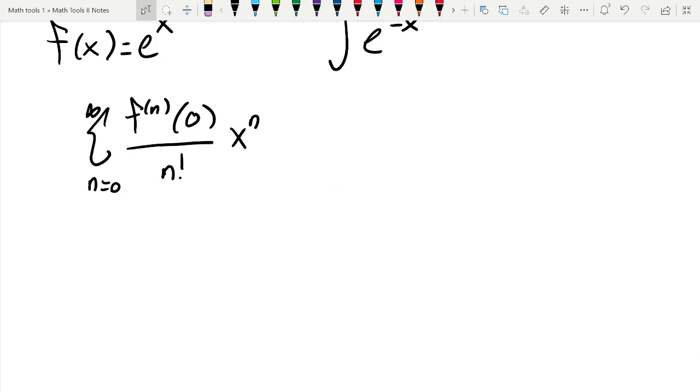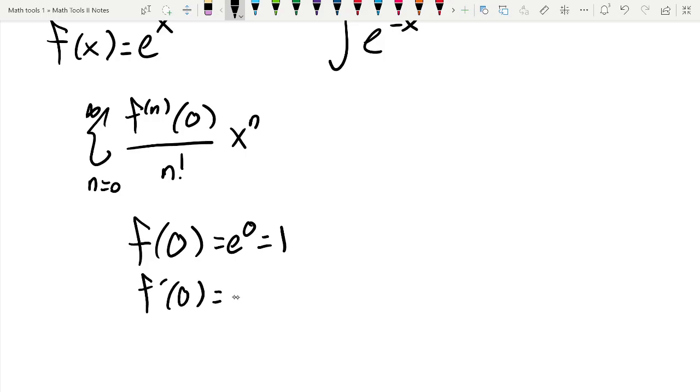For e to the x, that's not too bad, because the derivative is always the same. By the way, the 0th derivative we would just say is the original function. So f of 0 is equal to e to the 0, which is equal to 1. f prime of 0 is also equal to e to the 0, which is also equal to 1.